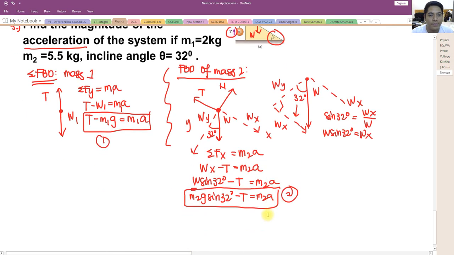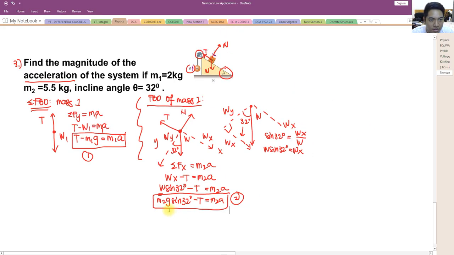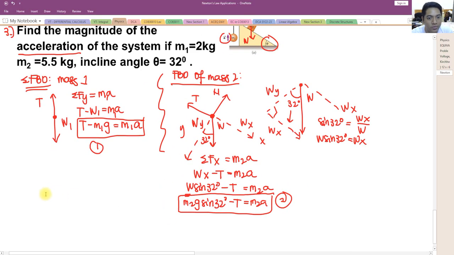Now, if we add up equation 1 and equation 2, we will be having this. The T's will cancel so that we need not get the tension anymore.